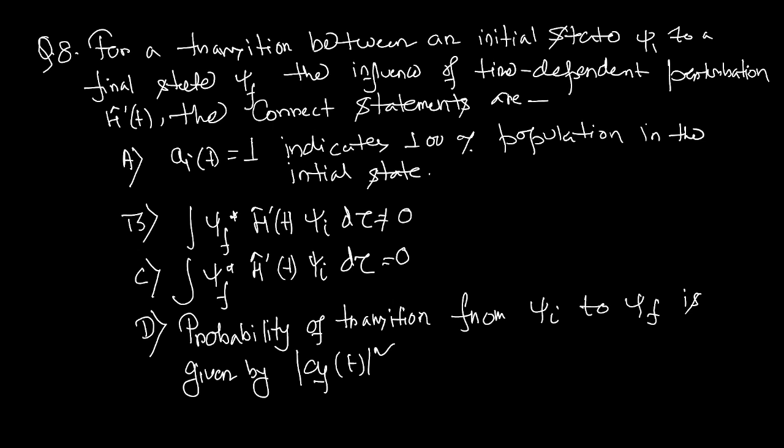Now if the coefficient is 1, then the population, I have said repeatedly that population is dependent on the probability of the state. So the whole coefficient is 1, then 100% population should be in the initial state.